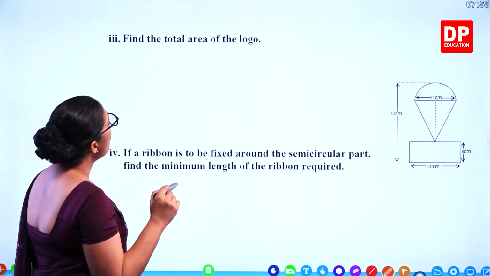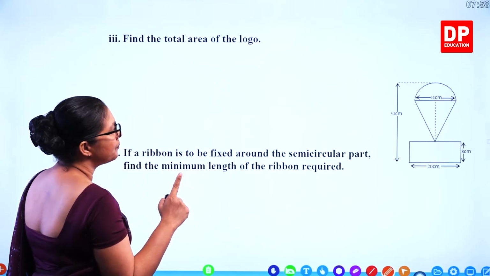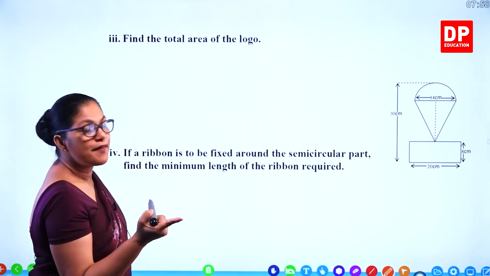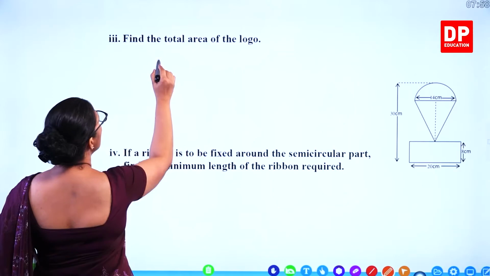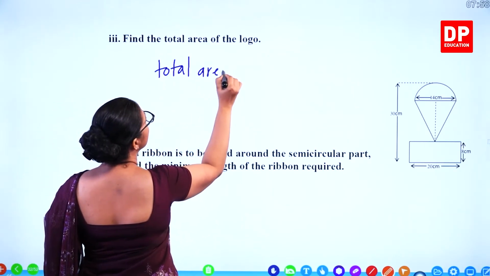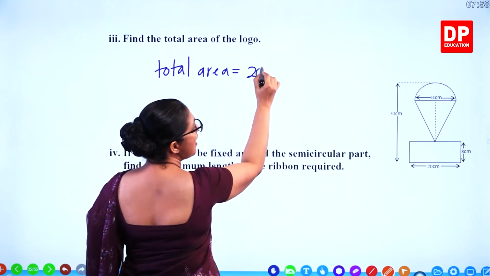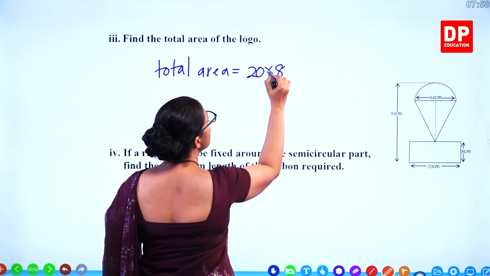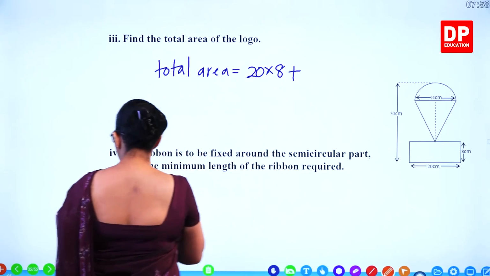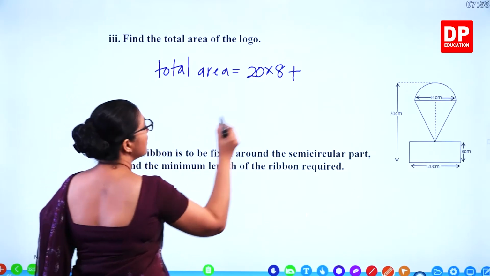Third part, find the total area of the logo. Total area. So, you need to find out the area of the rectangle as well. So, the area of the rectangle is 20 times 8, 160. And we found out 105 and 77.